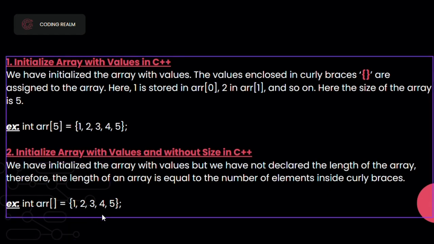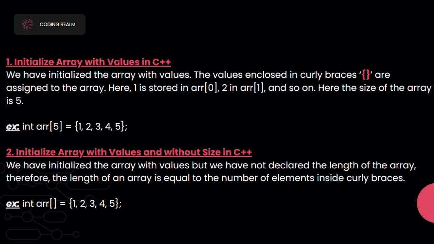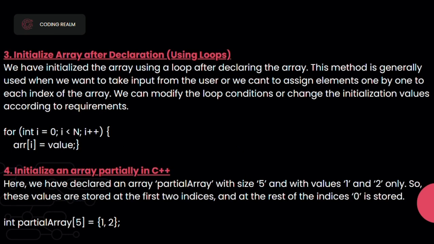Like here, for example, it's not important to put the size of the array. We can put the elements in the braces and the compiler can know the size of this array automatically.